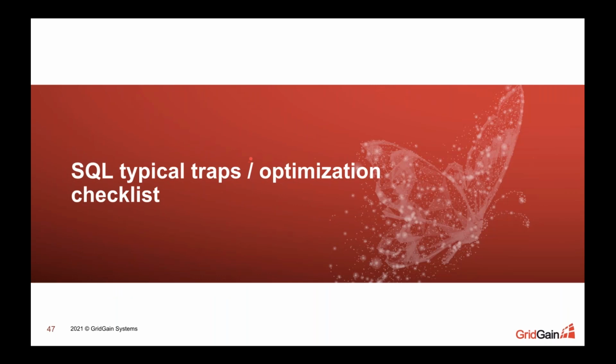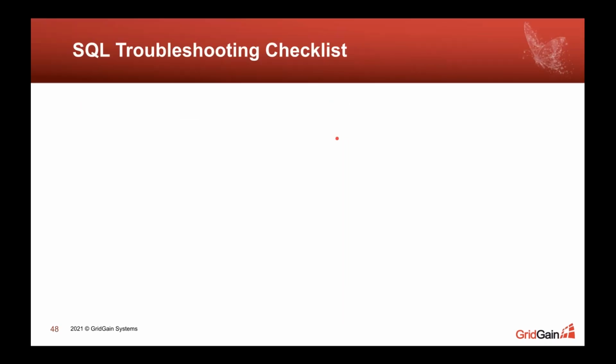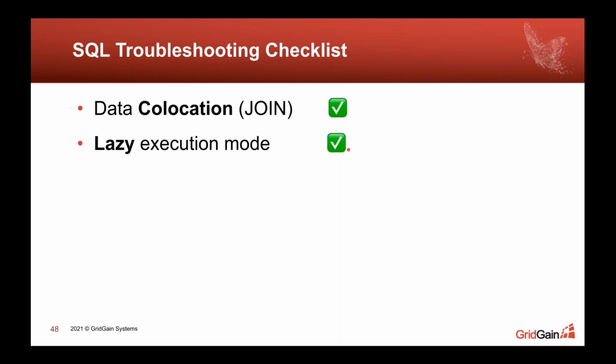So, let's form a checklist. Data collocation is good. It's really good because in distributed systems, it's advised to do as much heavy lifting locally as possible, and collocation surely helps with that.